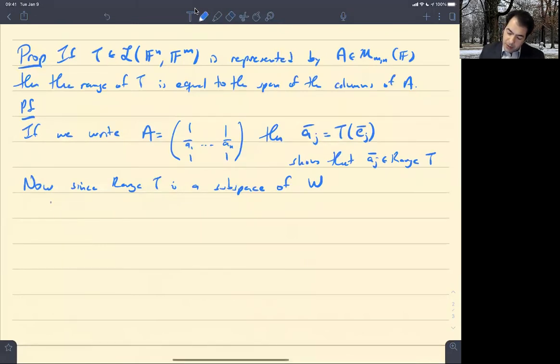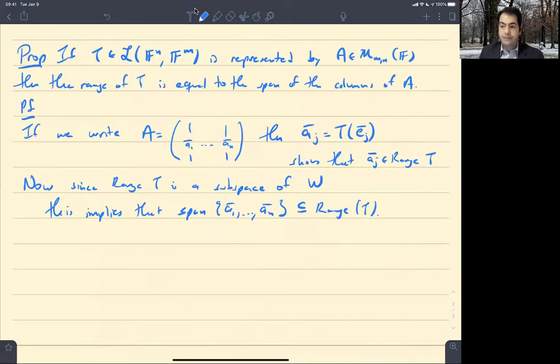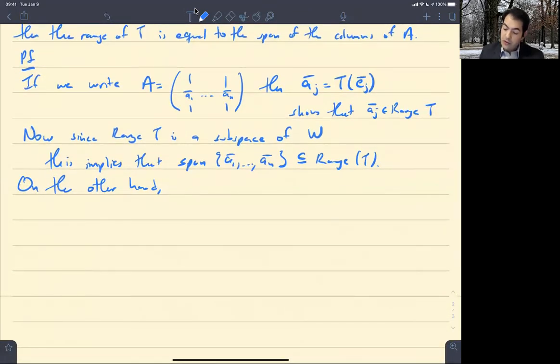So this implies that the span of A1 through An is inside the range of T. Okay, on the other hand, right, so that shows one inclusion. We know that the span of the columns is inside the range. Now I want to check that the range is inside the span of the columns.